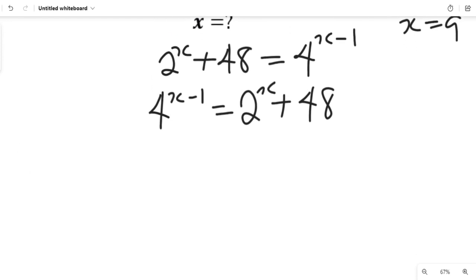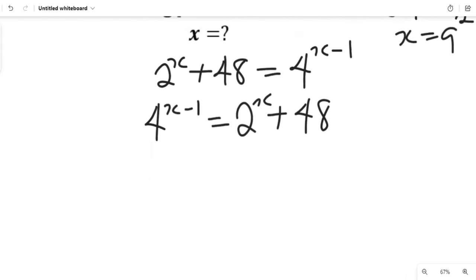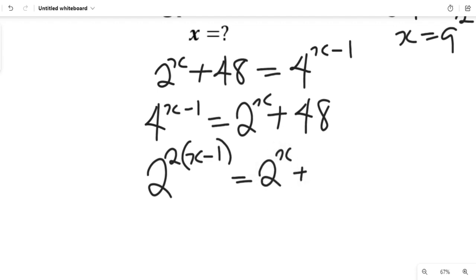Having done that, we are going to simplify further. Remember, 4 is 2 squared, so this will be equal to 2 to the power of 2 all to the power of x minus 1, and this will be equal to 2^x plus 48.